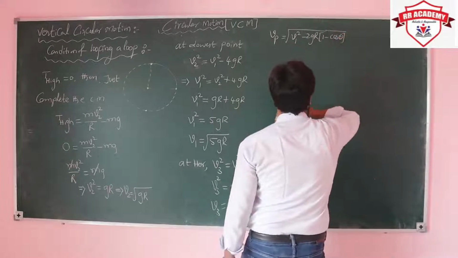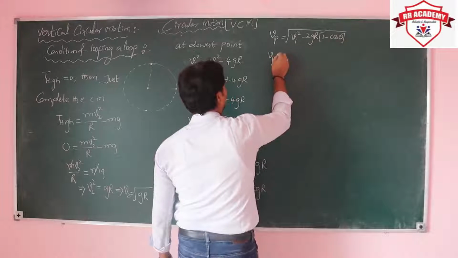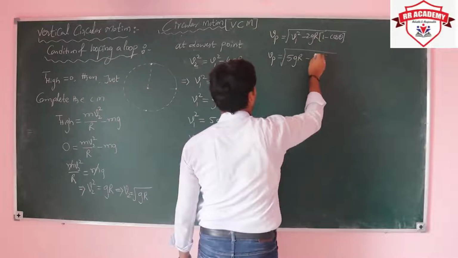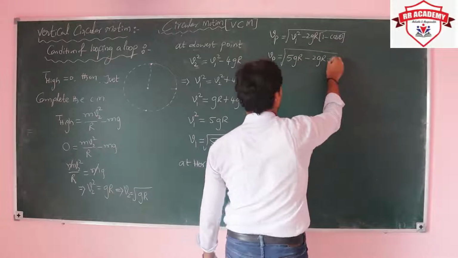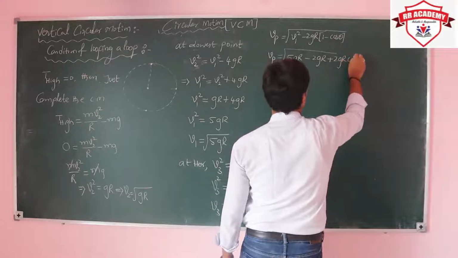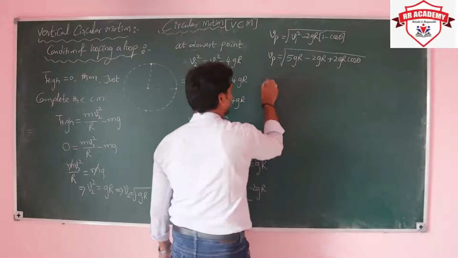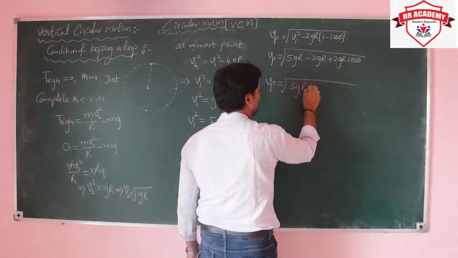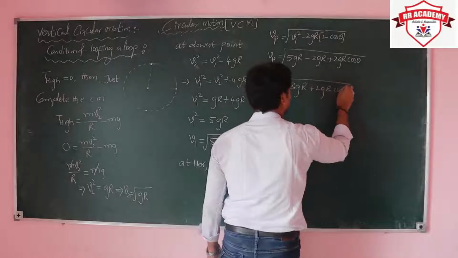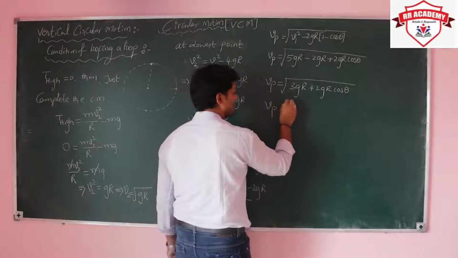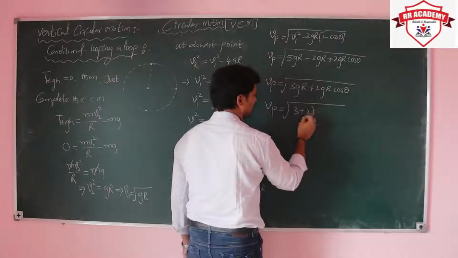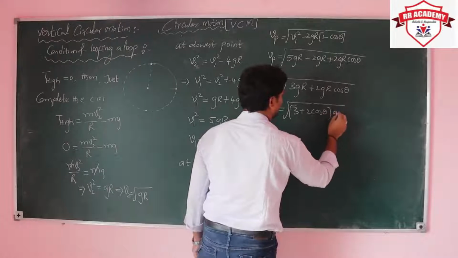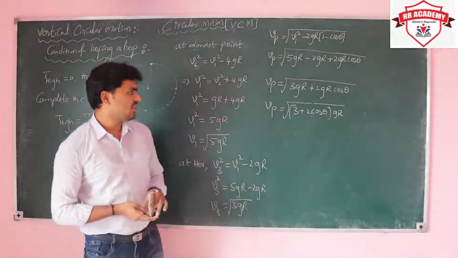That is 5gr minus 2gr plus 2gr cos theta, so Vp equals under root of (3 plus 2 cos theta) gr.